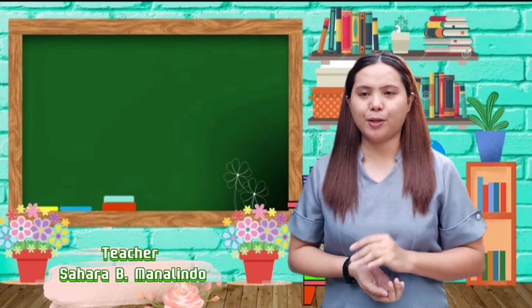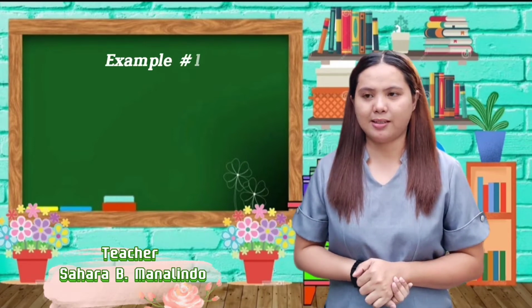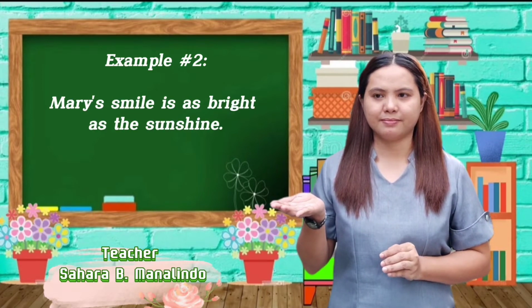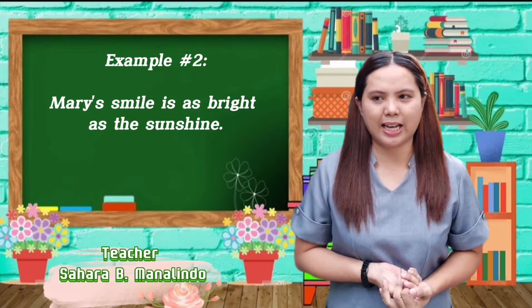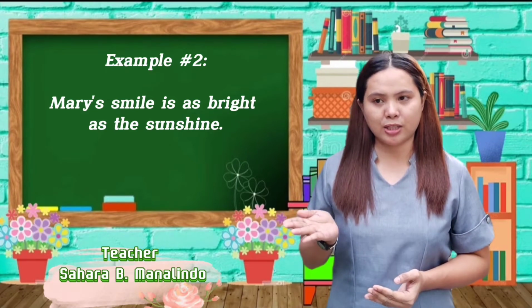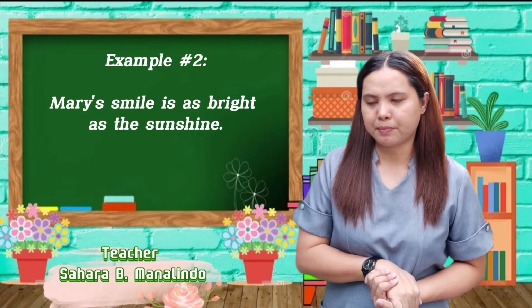Okay, let us have our second example. Angela, can you please read our second example? Okay, thank you, Angela. Mary's smile is as bright as the sunshine. Why is it an example of simile?